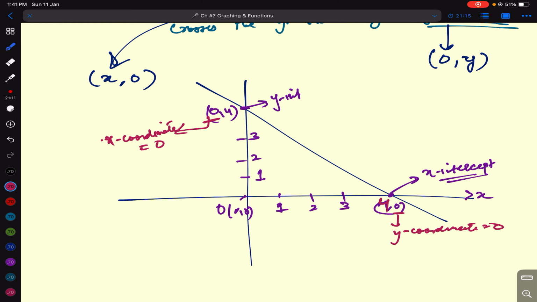If you don't want to go for multiple random points to start with, you can always go for these 2 points and figure out the graph of the linear equation. Clear?